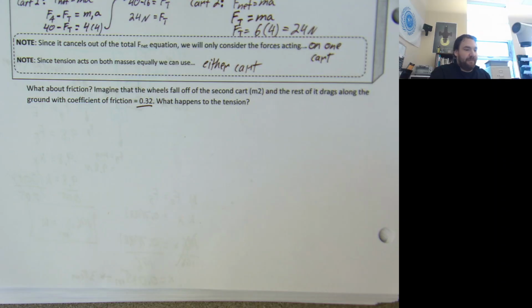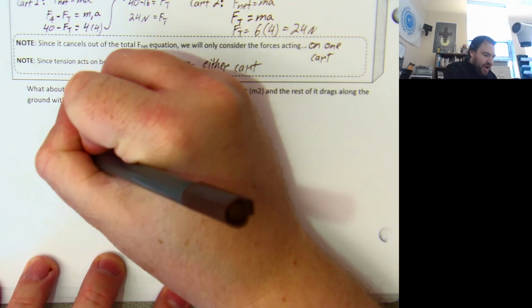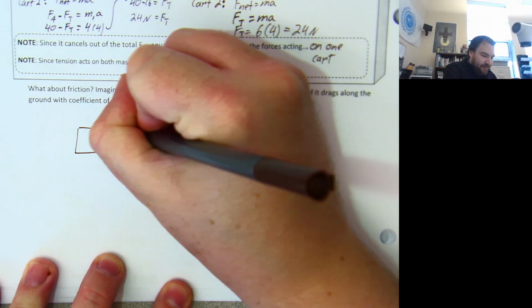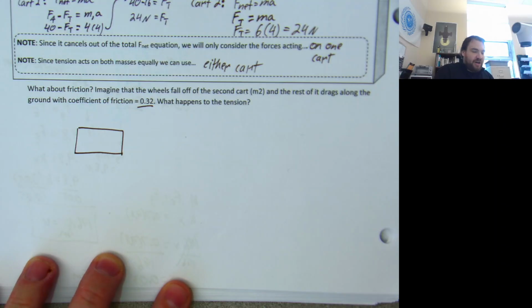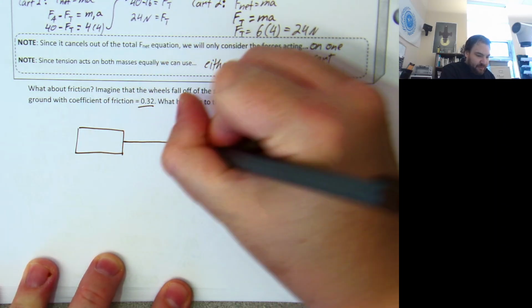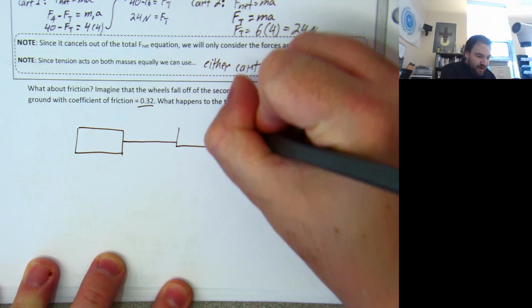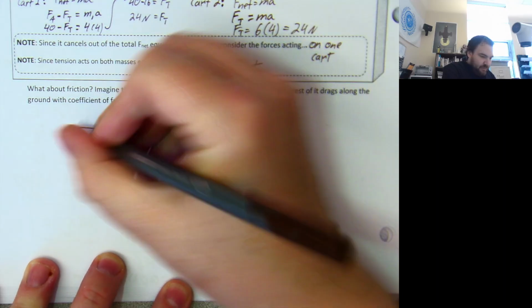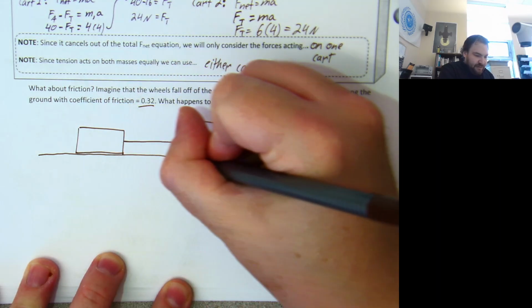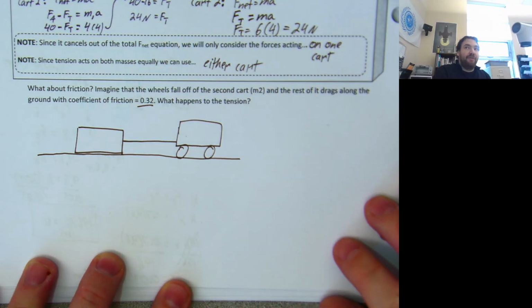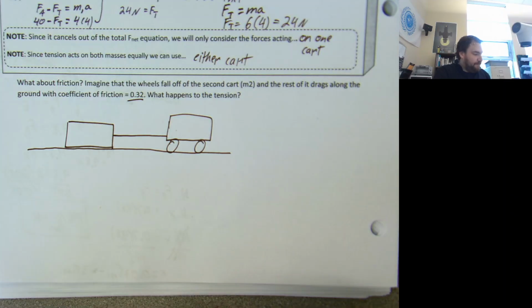So let's draw this thing. The wheels are gone. Cart 2 is now dragging. It's now just a block on the ground. The wheels are still on cart 1. And now this whole mess is dragging along the ground. Let's draw a free body diagram for this system.